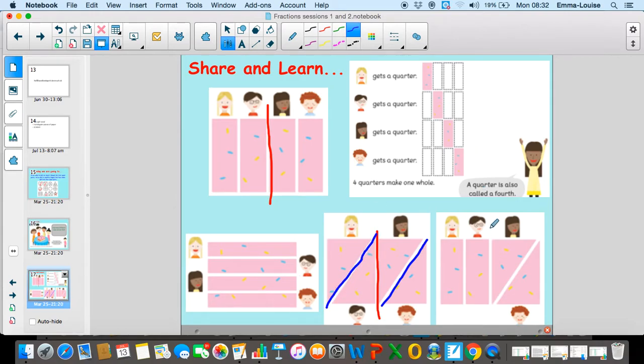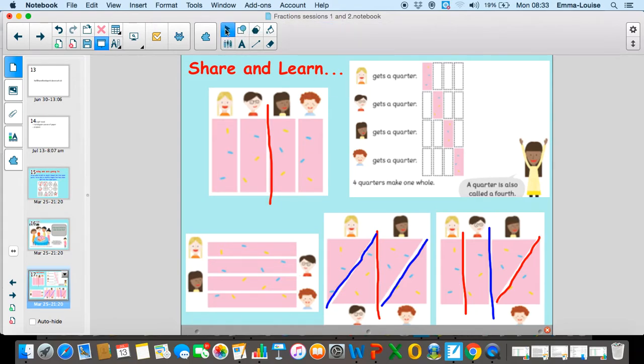Or we might have cut the cake in half down the middle and then shared each half differently. You can see they cut the first half vertically to create rectangular pieces, but they cut the second half diagonally to make triangular pieces. Although those shapes are different, I can tell you they are exactly the same size, and I know they're the same size because I can see the first half that was created, and then those two parts were shared in half equally again.